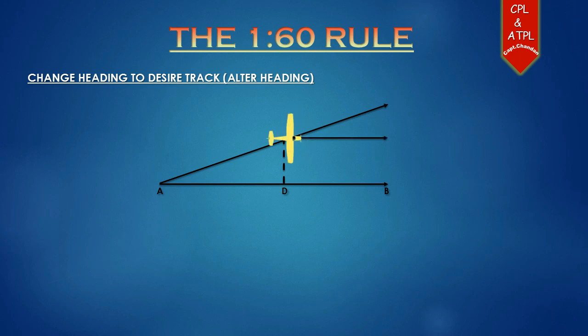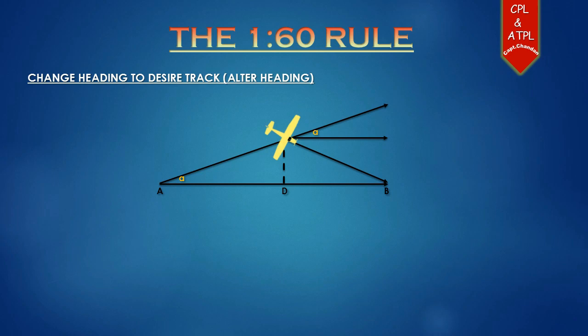So first of all, turn heading parallel to AB. Now you can see both angles are the same, that is a small a. Because if there are two parallel lines and you cut both lines, the angle will be the same. I am sure you studied this parallel thing in your high school days.